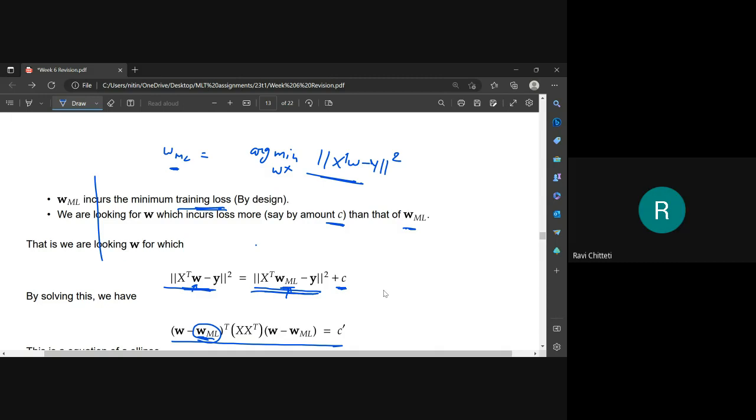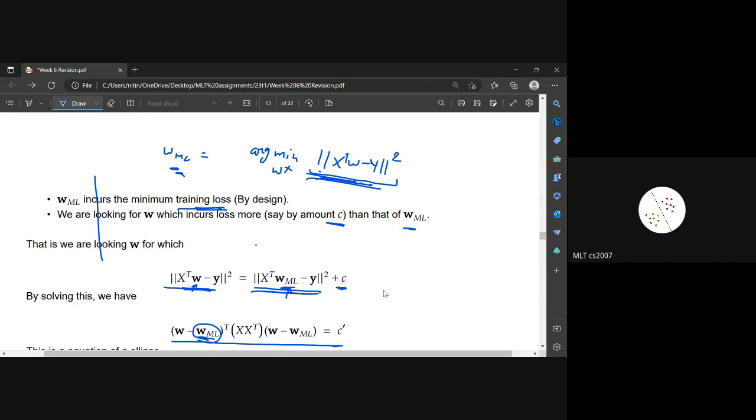I think that is where I'm stuck. So how do we find WML? Maximum likelihood. So WML we found using this optimization problem, where we try to minimize this thing. So we look for that W which minimizes these things. It means that this WML is the W which has the minimum training loss. So any other W other than WML will incur more loss than WML.